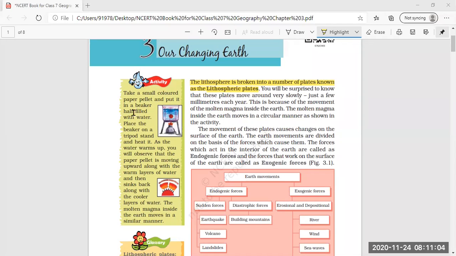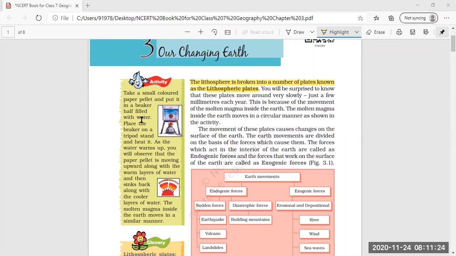Now, the activity is shown over here. This is just an activity to show how molten magma helps the plates to move deep inside the earth.